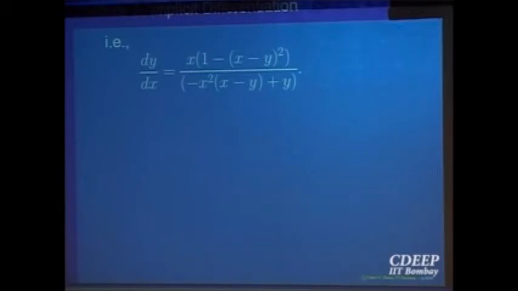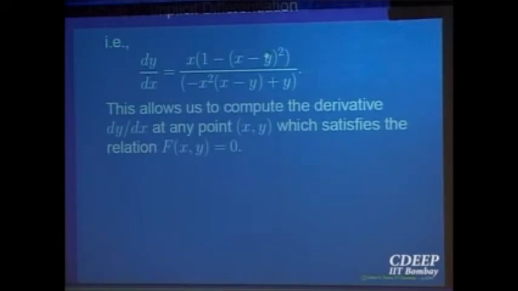So your derivative may involve y and x both, but then you can ask what is the use of this kind of differentiation. But there is a use. For example, if you want to compute the derivative at a point, say (1, 1), which satisfies the equation, then you can use this formula. Because you know the value of y and the value of x, you can put the values and compute.